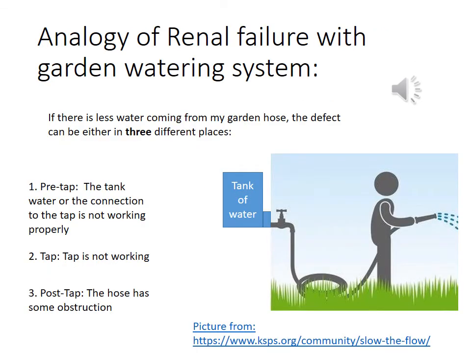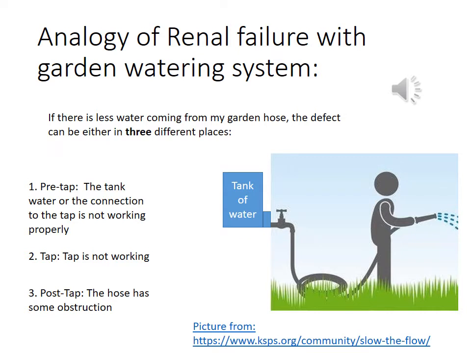Just to help us remember the causes, I like to compare renal failure causes with the garden watering system. If today I go to my garden and I turn on the water and there is less water coming or no water coming, it means there is some problem. This defect can be in 3 different places.